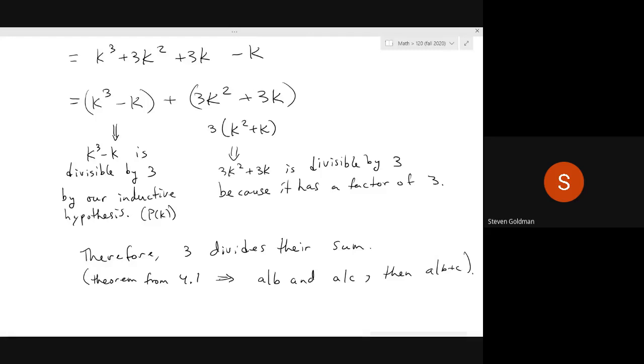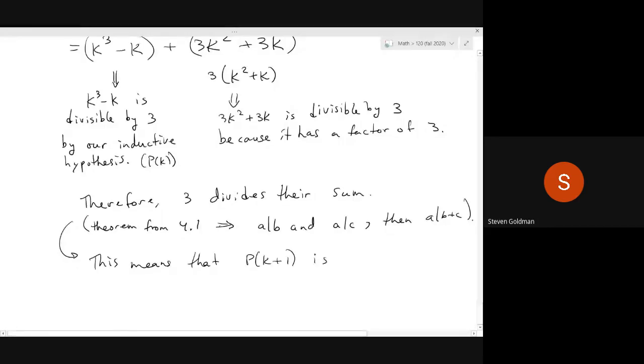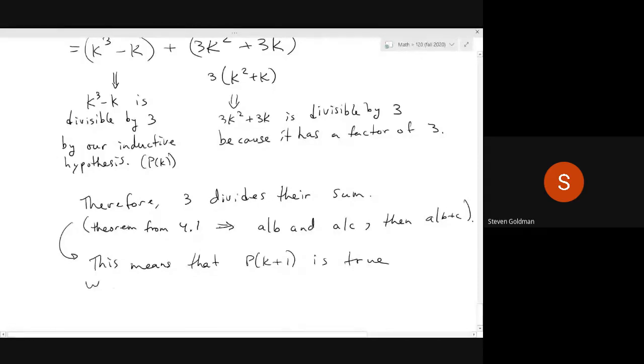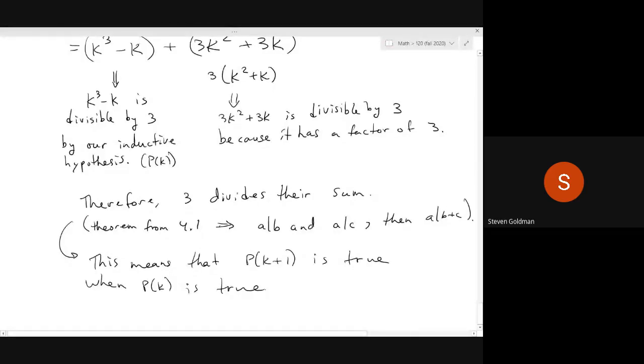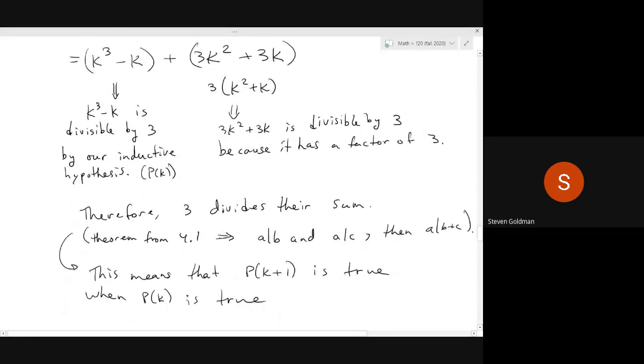So that means that P of k plus 1 is true when P of k is true. As long as P of k is true, meaning as long as 3 divides k cubed minus k, then P of k plus 1 is true.